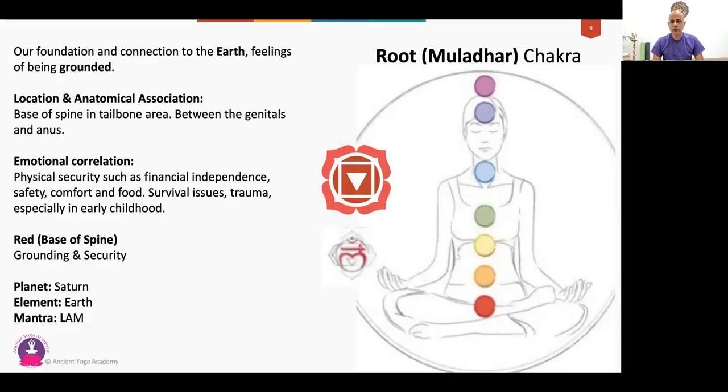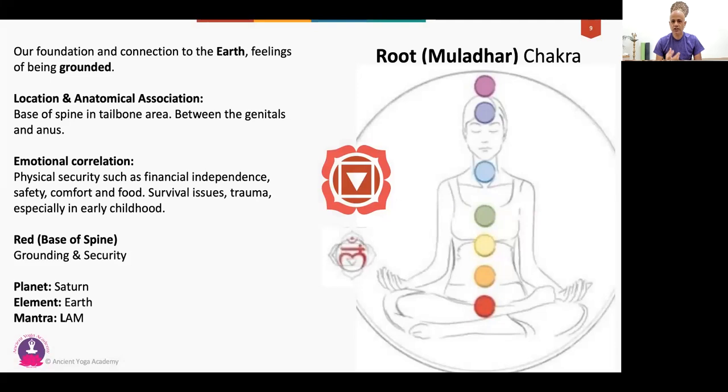So the root chakra, in Sanskrit we call Muladhara chakra, Mool Adhar. If you separate and understand the Sanskrit word, Mula means a root. The root of any tree is very, very important. So the strength of the tree depends on its roots.